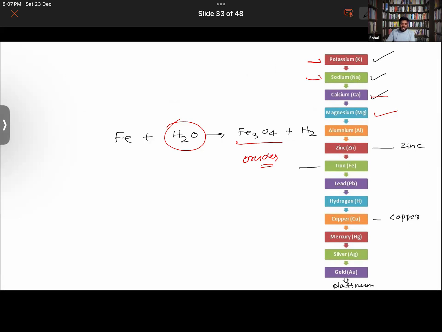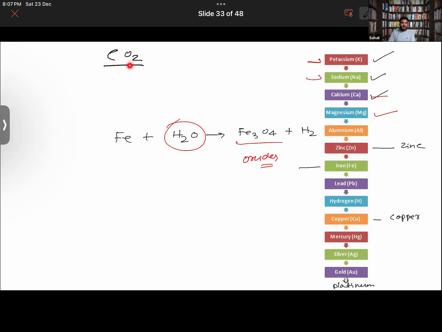Okay. And whenever there will be a reaction taking place between two compounds, I hope by this time you understand what compound means. For example, CO2. CO2 is a compound, right? Because ये दो different elements से मिलकर बना है.